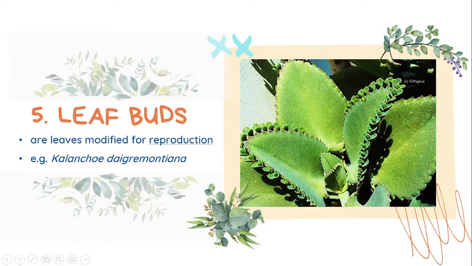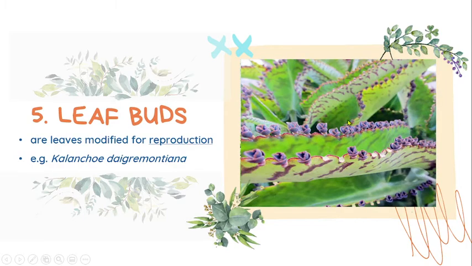This plant is called Kalanchoe daigremontiana, or in the Philippines we call this katakataka, right? We do have one here at home, and when I was younger, I used to get these smaller leaves and just scatter them on the ground, and the next thing you know, we have a lot of this plant because again, these tiny leaves are for reproduction.